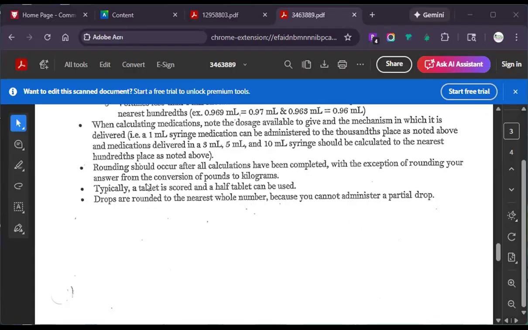You can't break a capsule in half and give them half the medication. If you've ever opened up a capsule, there's a bunch of little beads in there, and you don't know that it's 50-50. And I know we all have a mom, grandma, aunt, or uncle who does that because they're trying to save on their pills. Don't do that.